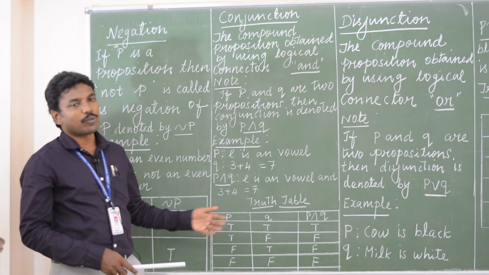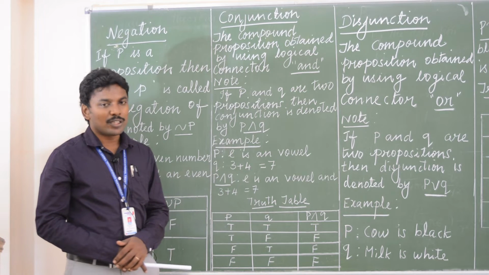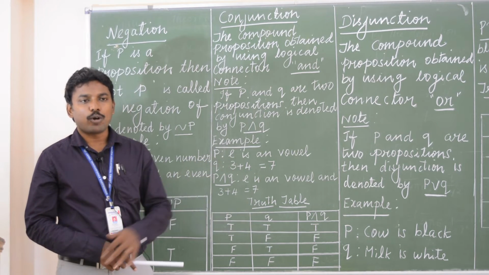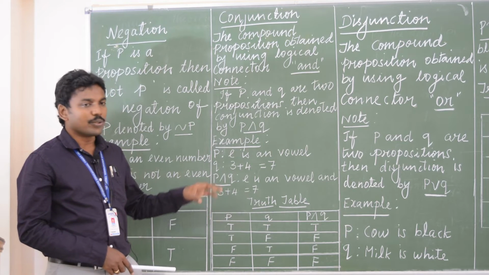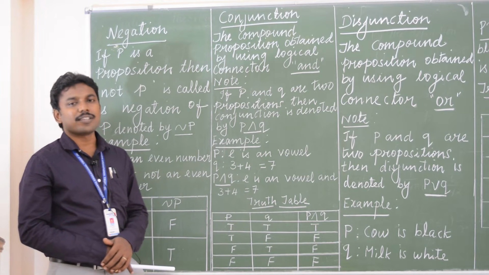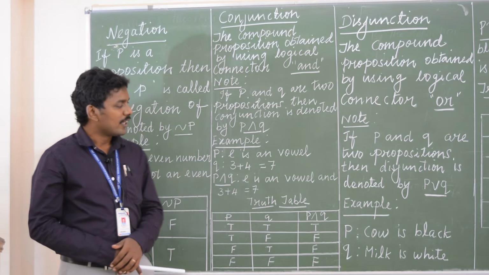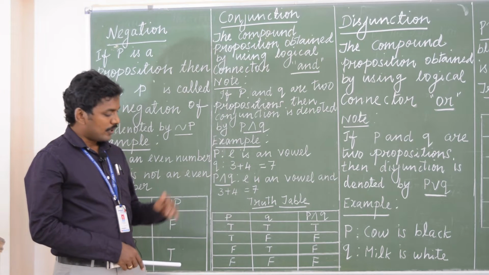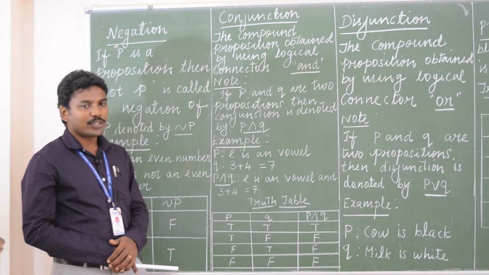Therefore this is one of the best ways to remember the truth table for conjunction, because to do further problems, especially that 5-mark question, you need to remember these tables. If you forget these tables, it is not at all possible for you students to proceed. Therefore learn thoroughly and be careful about the table.